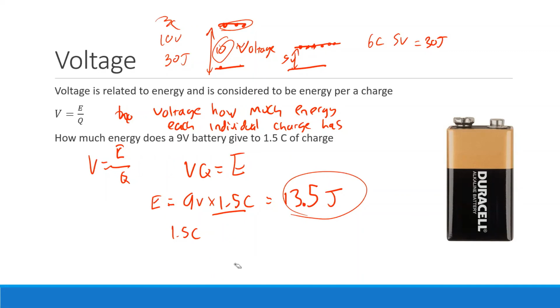If I divide 1.5 by 1.6 times 10 to the negative 19, that'll tell me how many electrons. If I take 13.5 joules and divide it by that number of electrons, that will tell me how much energy each electron has. I'm going to do that really quick: 13.5 divided by 1.6 times 10 to the negative 19.